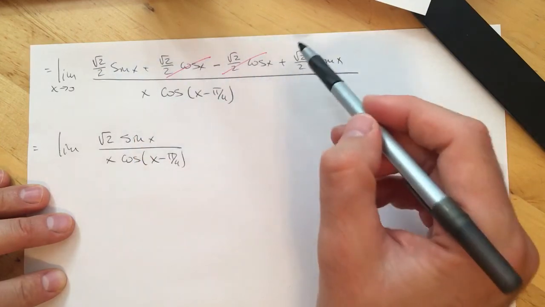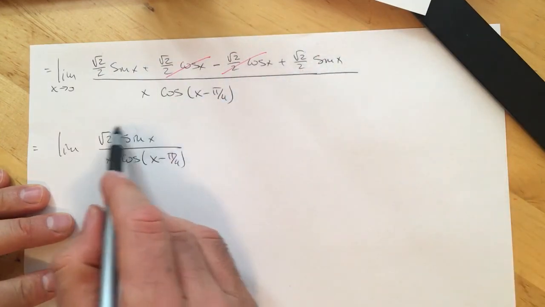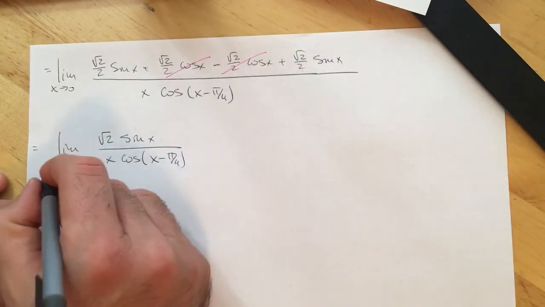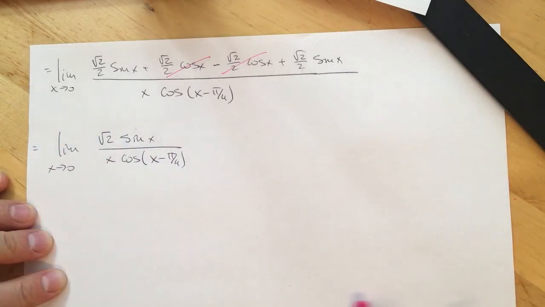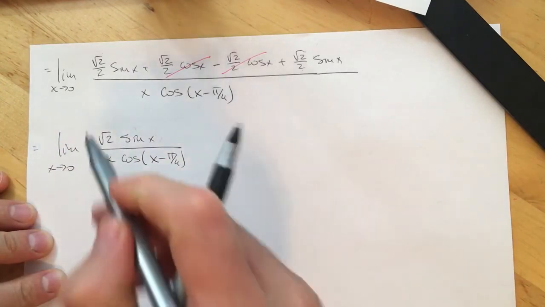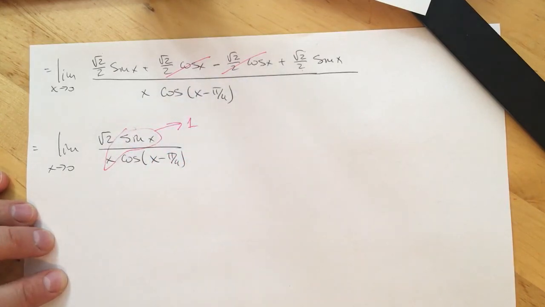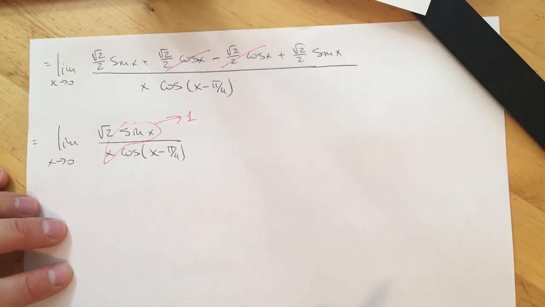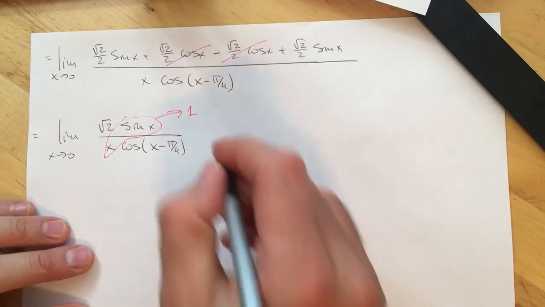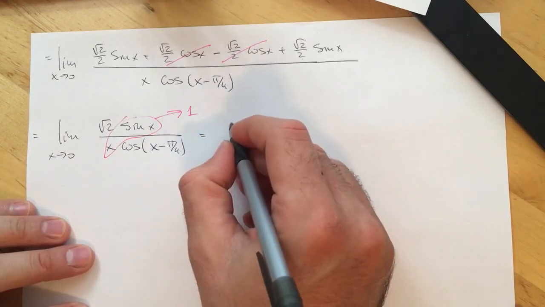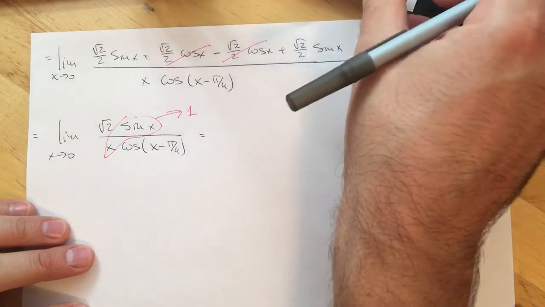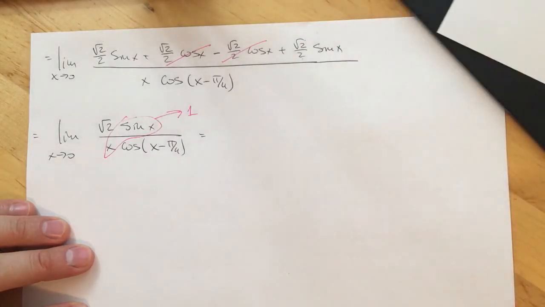Half of anything plus another half of anything gives you that whole anything, right? And finally, as x goes to 0, this is the limit that we are working with in this whole video. So you have square root of 2.